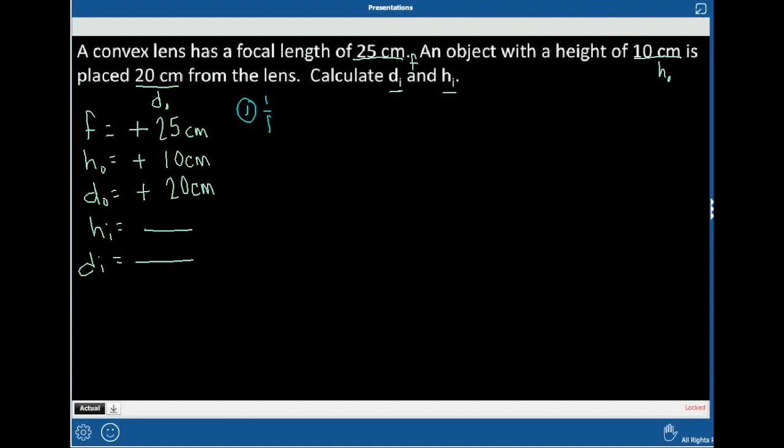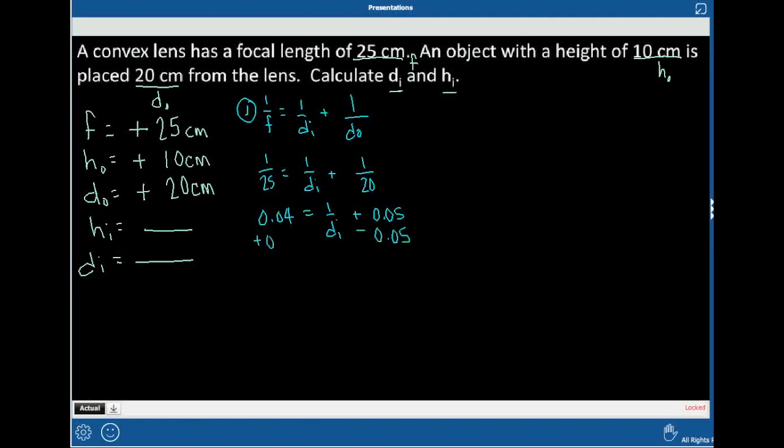So to get our DI, again, we use the same formula. Okay, I'm going to put my numbers in here. Sorry, should be a minus.